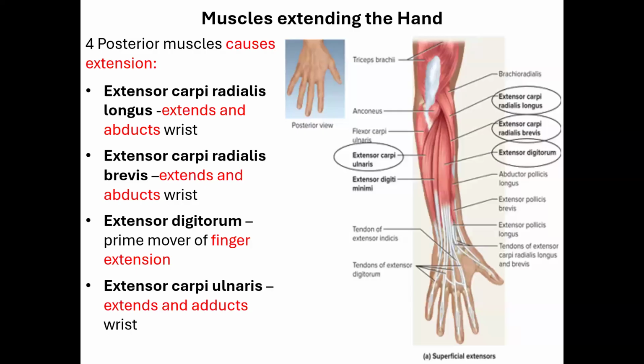And then there's an extensor digitorum, just like the flexor digitorum. And we said there's an extensor carpi ulnaris. Okay? It'll all make sense.